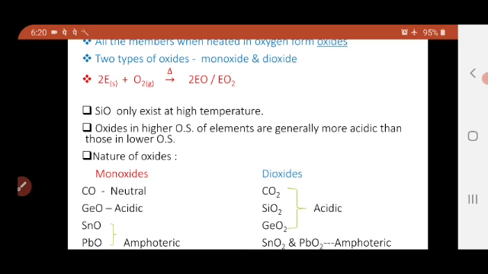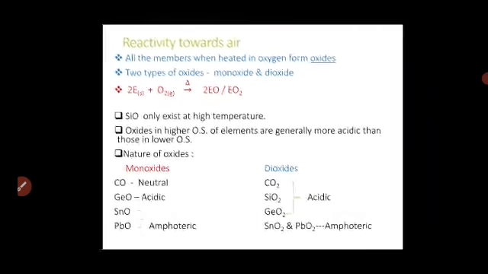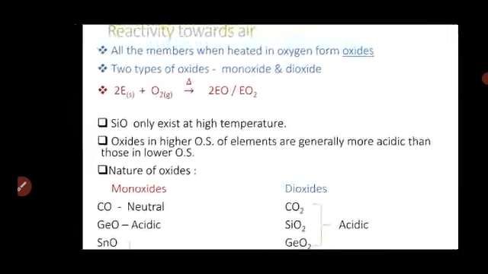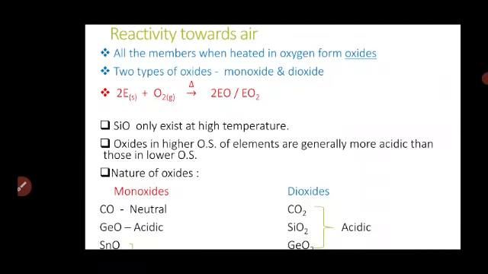Monoxide means the oxide contains only one oxygen, and dioxide means two oxygen atoms. The general equation is given here: 2E plus O2, when heated, remember heating is required, gives EO or EO2, where E is an element of this group. Any element you can put for E and then write the equation.